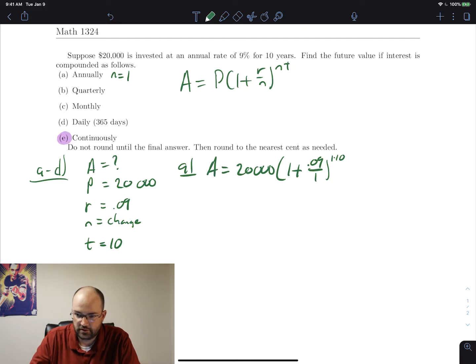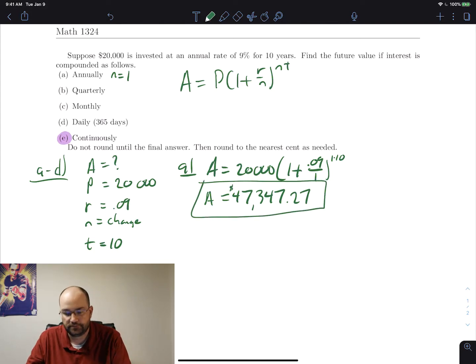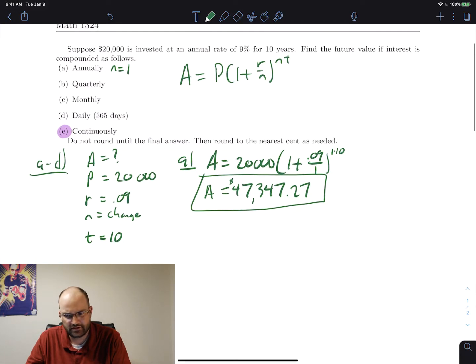When you type it in, you get $47,347.27. I'm just rounding as it is. There you go. And that's all A would be.